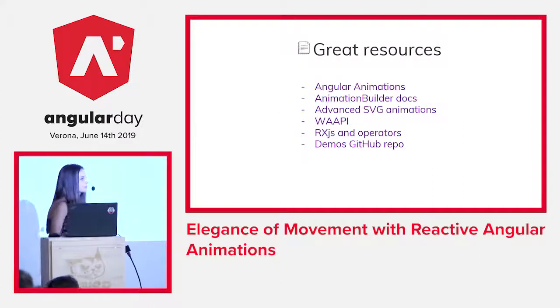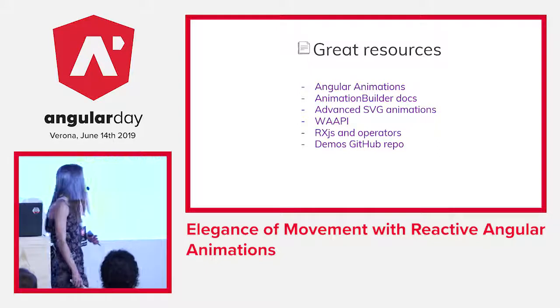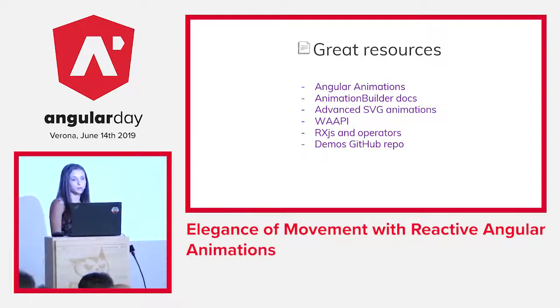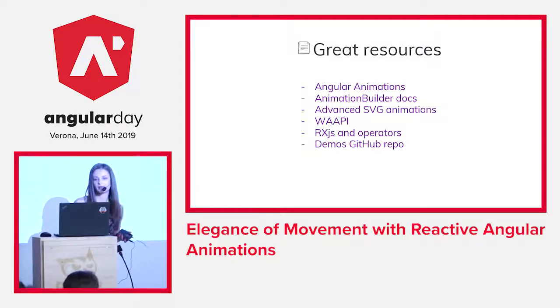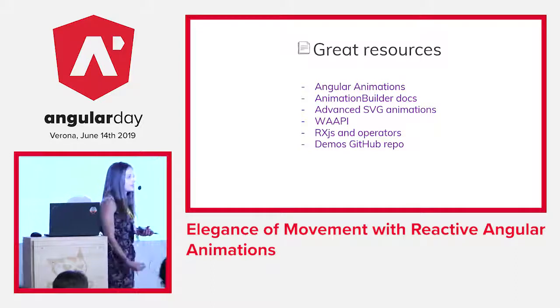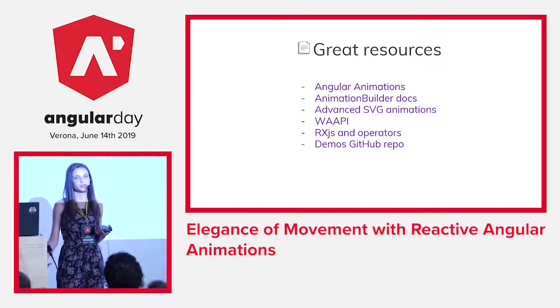Here I have listed some great resources that, if you're interested in this topic, you can check out. Not only Angular Animations and AnimationBuilder documentation, but advanced SVG animations and some standard Web Animations API techniques with which you can improve the performance of your animations.